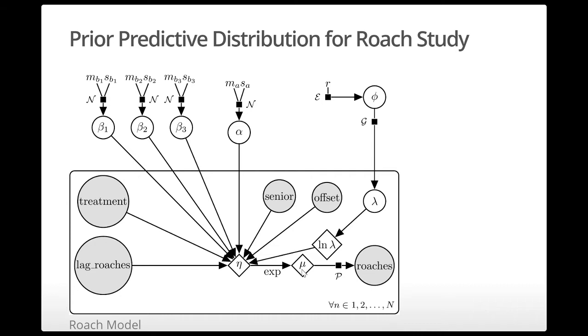Anyway, when we integrate lambda out of this system, what we're left with is a marginal distribution for the number of roaches caught as negative binomial rather than Poisson. And the negative binomial has the same expectation as in a Poisson regression model, but it has more variance, or at least as much variance, as in a Poisson.